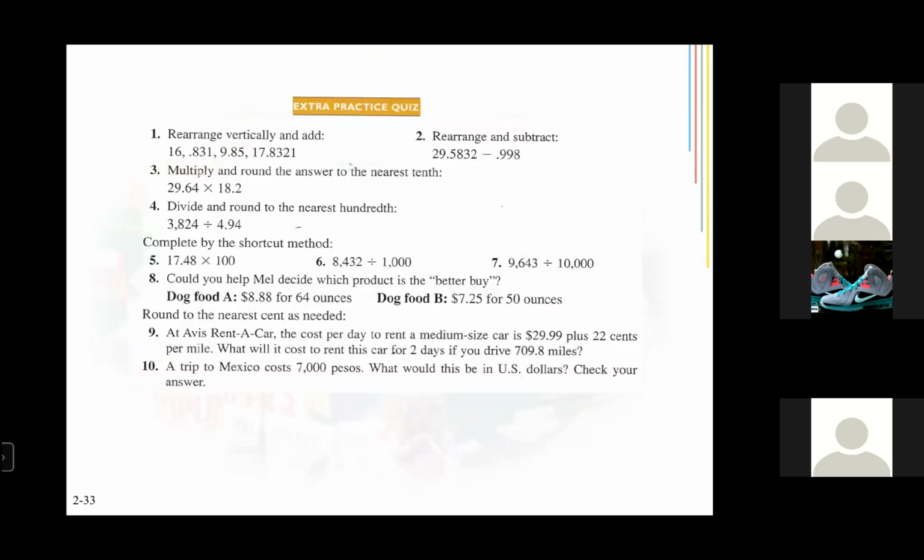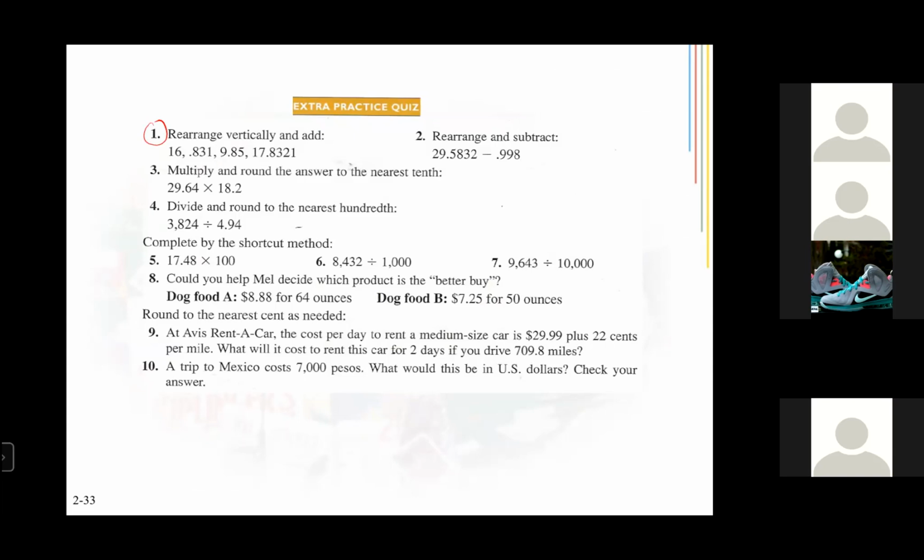Okay. Now, before we go, let me choose a couple of these for you to look at. I want to do number 1. For number 1, I don't want you to add it, I just want you to set it up.